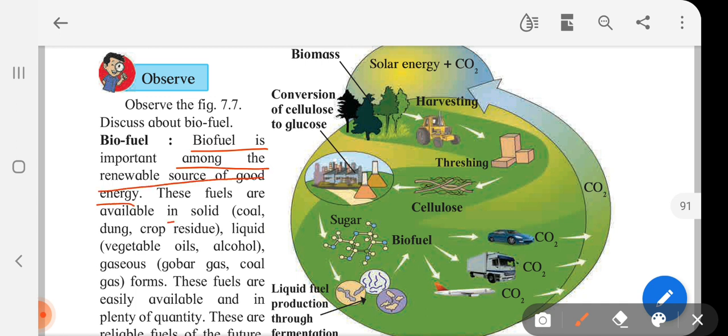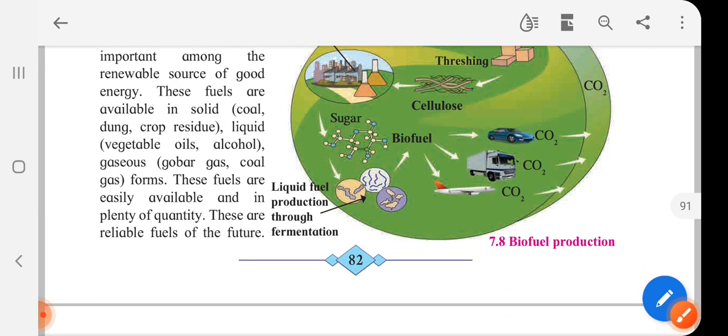These fuels are available in solid form, in liquid form, in gaseous form. These fuels are easily available and in plenty of quantity.